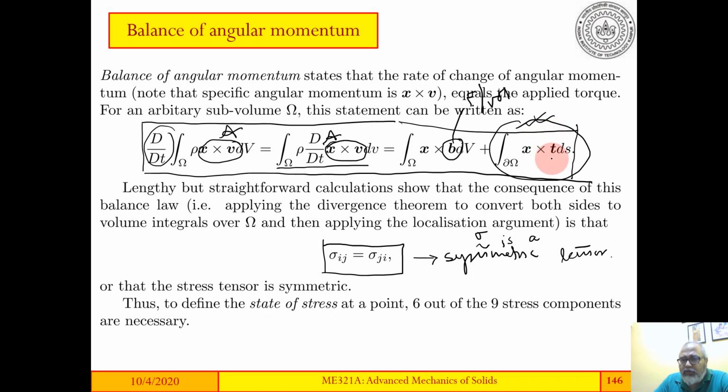Moreover, we also do not have surface couples. So our surface forces are all forces, they are not couples at all. This is necessary for us to prove the symmetry of the stress tensor.